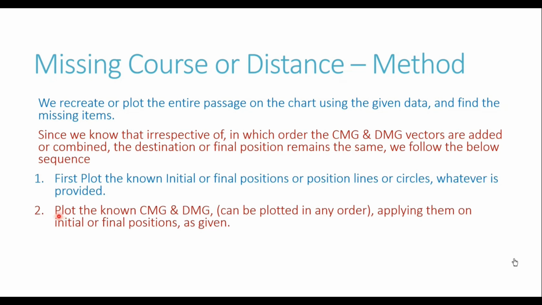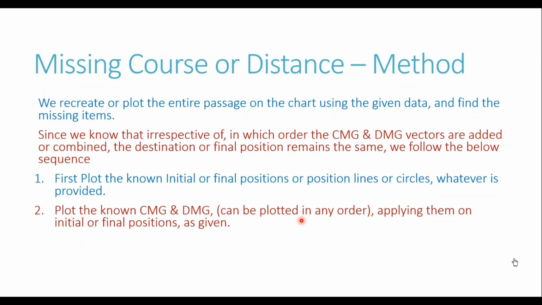Now, after the positions or position lines or position circles are plotted, then we plot the known legs of our passage. That is the known course made good, the known distance made good. Important thing to remember is that these legs, or combination of course made good and distance made good, can be plotted in any order.